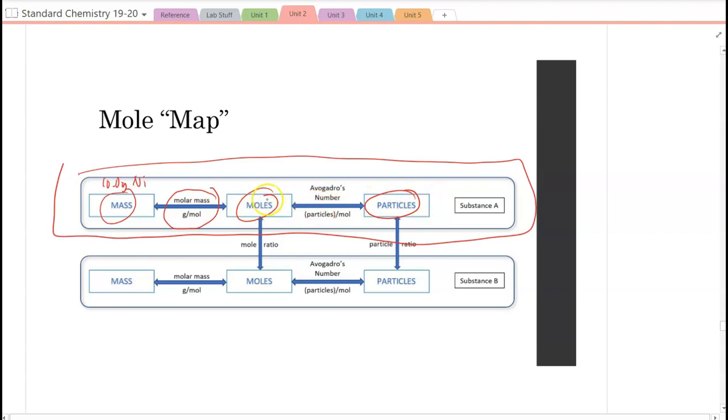If I'm given a mole amount and they want to know how many atoms there are, I would use Avogadro's number. Vice versa, particles to moles, I'd still use Avogadro's number. You just have to use the conversion factor in the appropriate way, whether you flip it upside down or not. And of course, if you are given particles, you can also be asked to figure out mass, which you then do by going from particles to moles, and then from moles to mass in a two-step process. Okay, that'll do it.